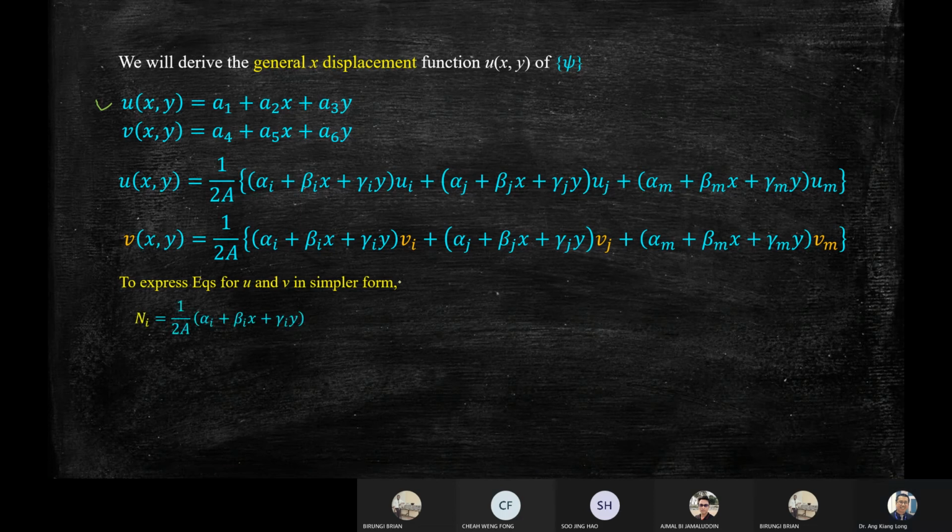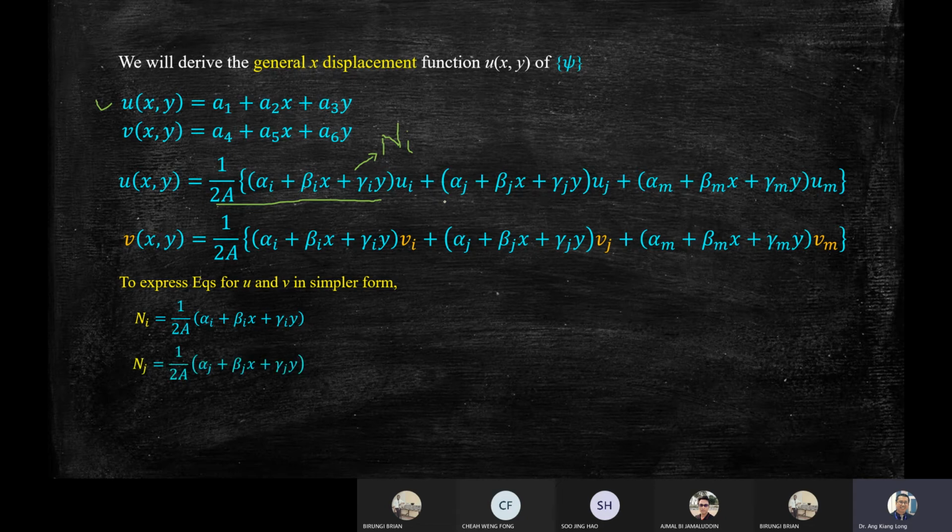Now, we try to reduce this complex form into a simpler form. So we write Ni, capital Ni, equal to 1 over 2A times alpha I plus beta I x plus gamma I y, which is this whole thing. We simplify it into capital Ni. So it will look simpler later on.